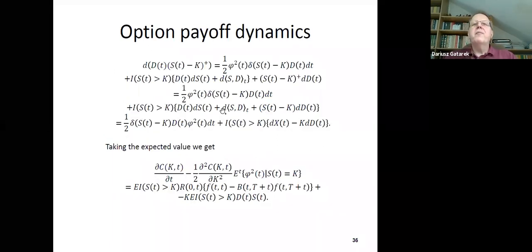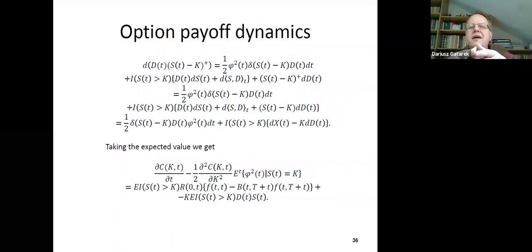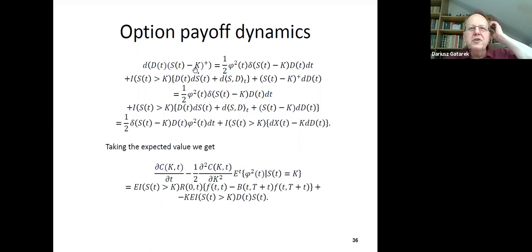And now, as in the case of the Dupire formula for equities, let us calculate the discounted intrinsic value of the option.